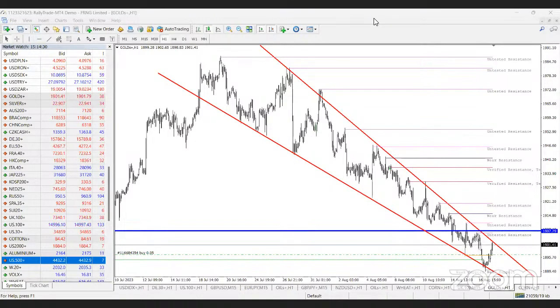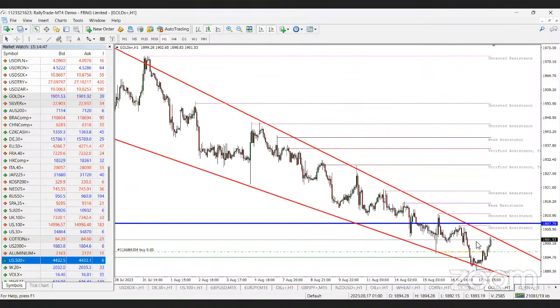If you see this trend line, which I have drawn for quite a while, you will notice that gold is still on a downtrend, but it seems to be bouncing in between, ranging around this zone. Gold is approaching a zone where we're likely going to have a major range in the market till a breakout happens.